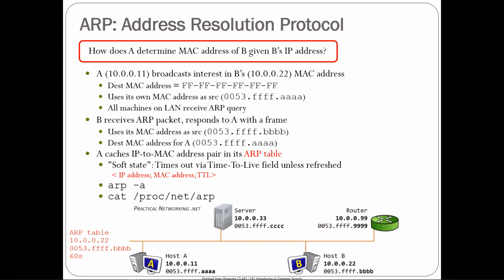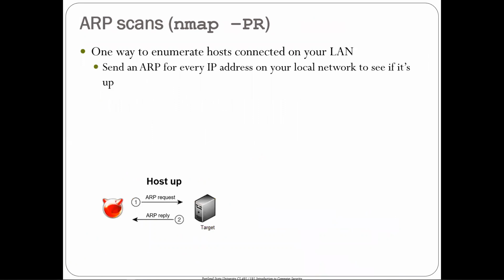Okay, so ARP scans. nmap -PR is a way of enumerating all the hardware addresses that are on your LAN. The idea is that I'm going to ARP for every single IP address that's directly connected to me and figure out which one will reply.